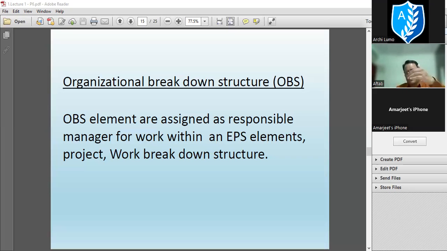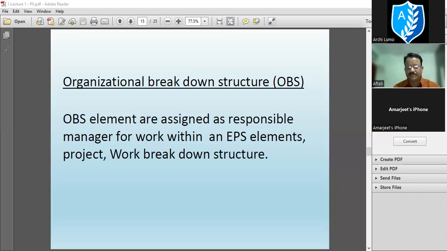Under the civil department, infra, building, commercial; under infra, it may come flyovers, railways, highways, airports. So right from the company up to the project level, all this hierarchy is simply called EPS, nothing more. Simple. Okay.